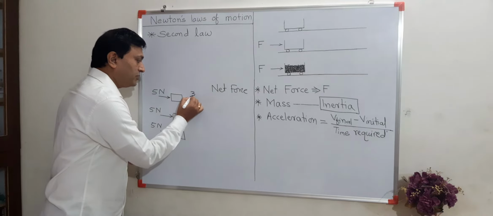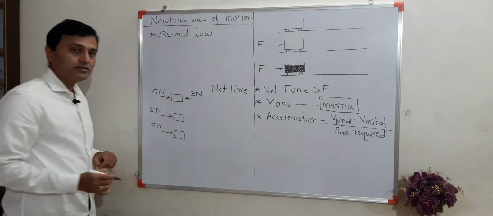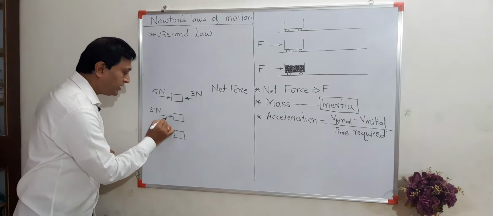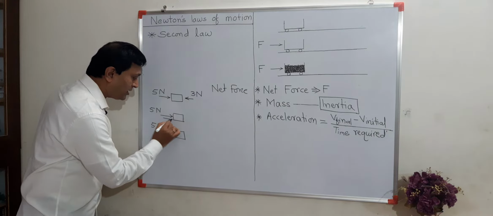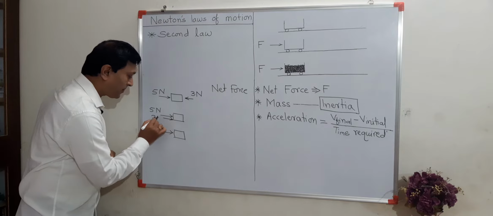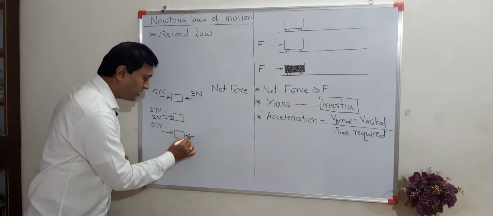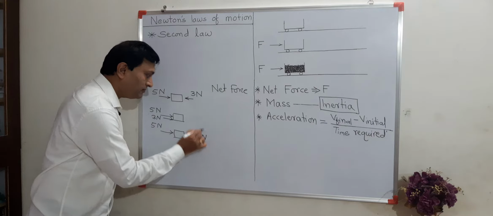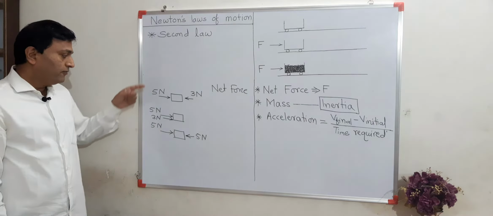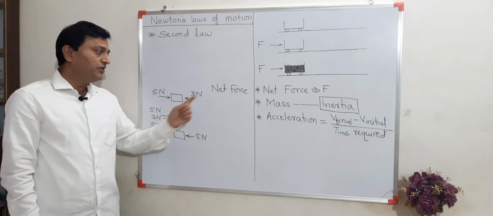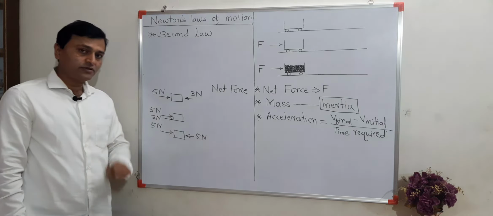Suppose it is 3 Newton. Suppose I have applied 3 Newton to the second, but in the same direction. And suppose I have applied 5 Newton in the opposite direction. Then for these conditions, we will get different net force.